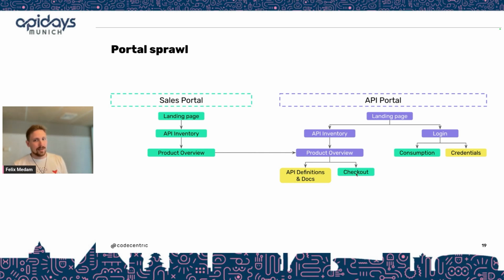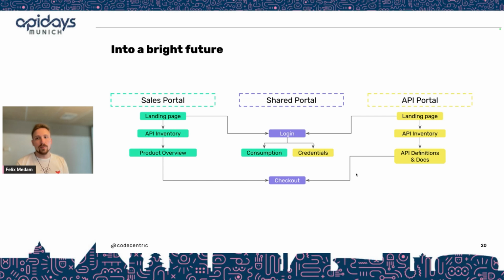So, to improve this, two concepts were developed to have a better and more coherent user journey. The first one is mainly inspired by other public API portals like Stripe and Plaid, where you have two separate portals and give each user group their own portal and space.